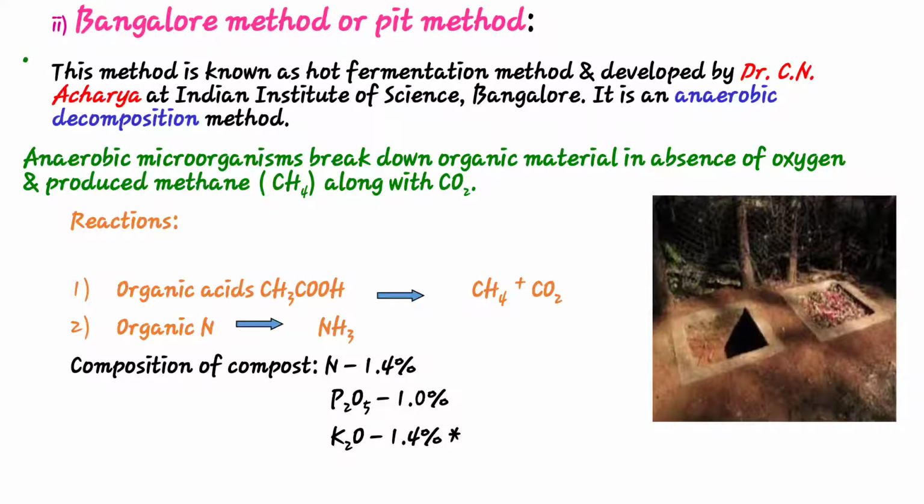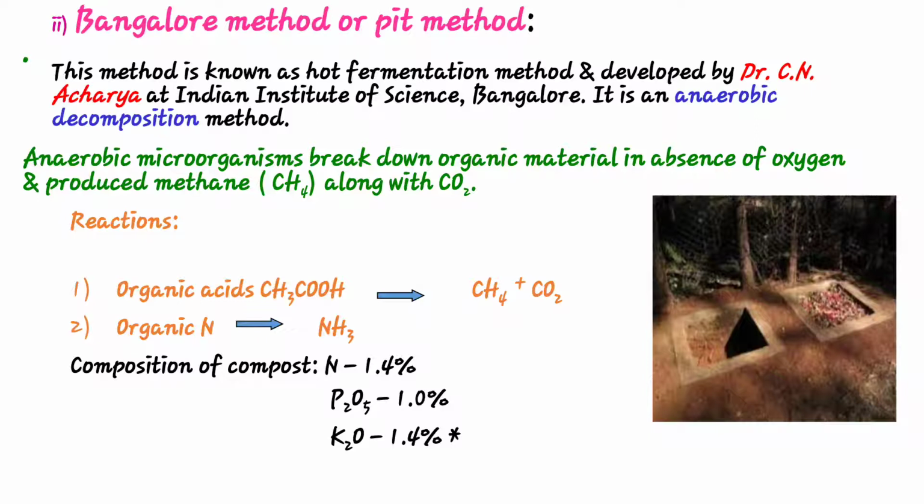Okay, so in this, anaerobic microorganisms break down organic material in the absence of oxygen and produce methane as well as carbon dioxide. First gas produced is methane, and second is carbon dioxide. Some reactions of the decomposition process: organic acids are converted into methane and carbon dioxide, and organic nitrogen is converted to ammonia.